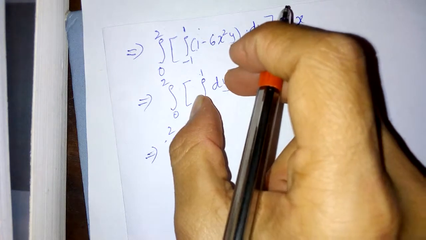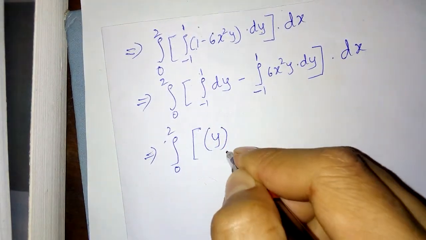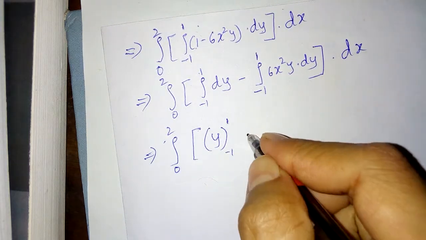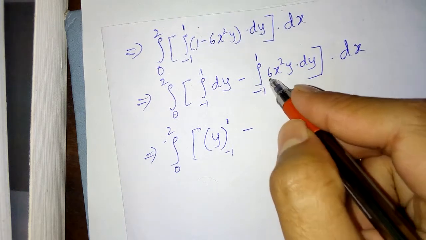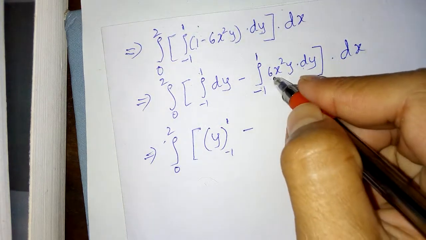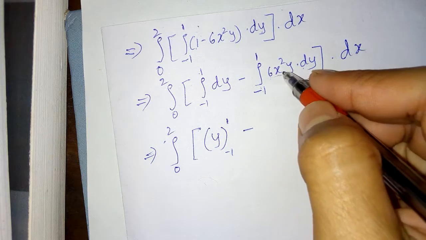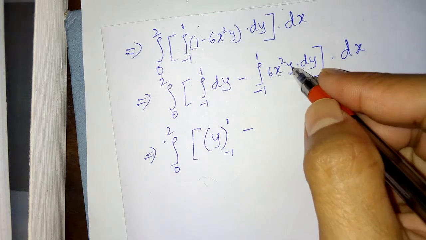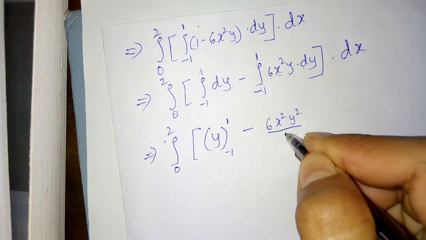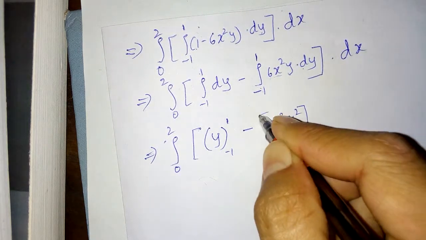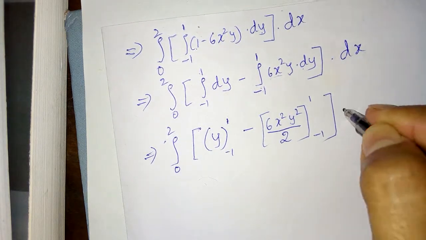Now the integration of dy is y, with limits from minus 1 to plus 1, minus the integration from minus 1 to 1 of 6x squared y dy. Now we treat 6x squared as a constant. If we integrate this one, then we get 6x squared y squared divided by 2, from minus 1 to 1, dx.